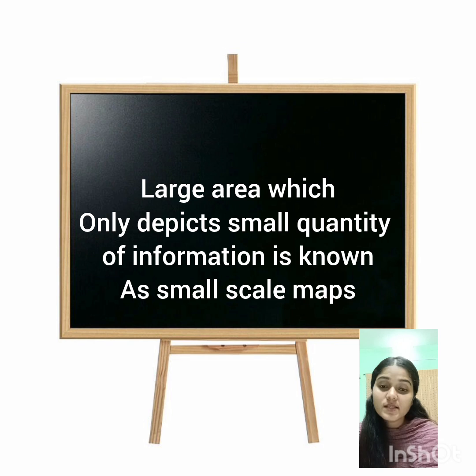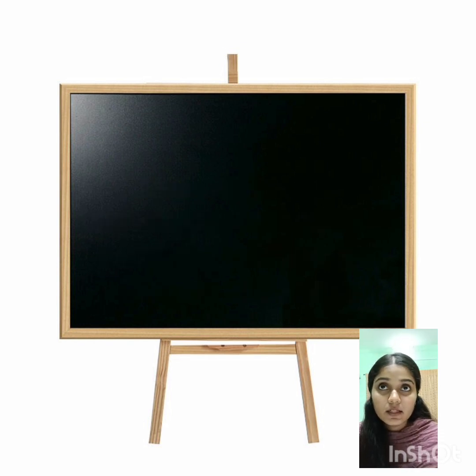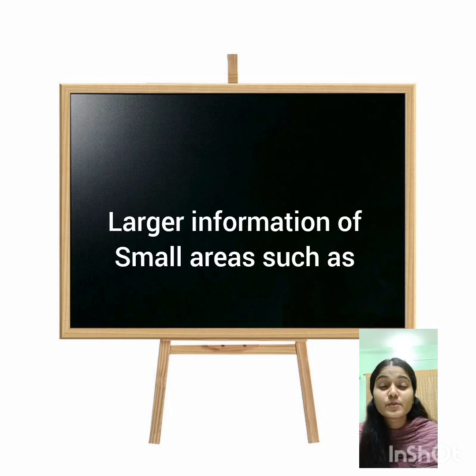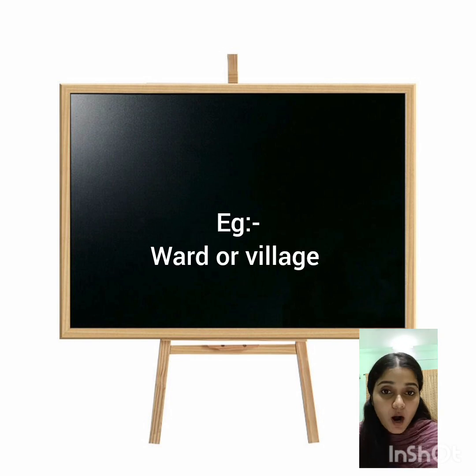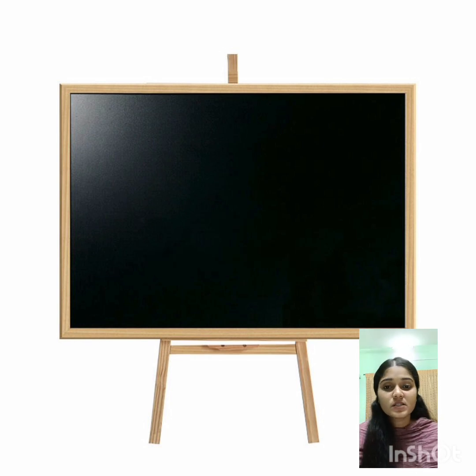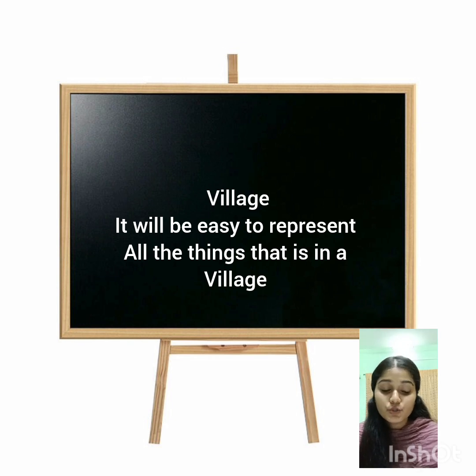On the other hand, the maps which show larger information of small areas, such as if we take for example a ward or a village, it is a small space compared to a country, right? So if we take a village in consideration, it will be easy to represent all the things that happen in a village, or how a village works, or so many other things in a map.